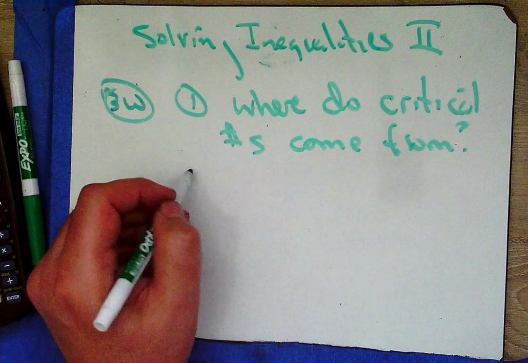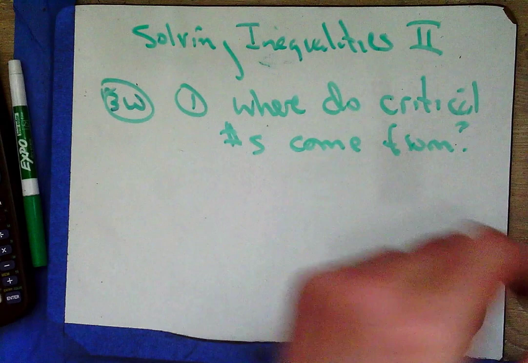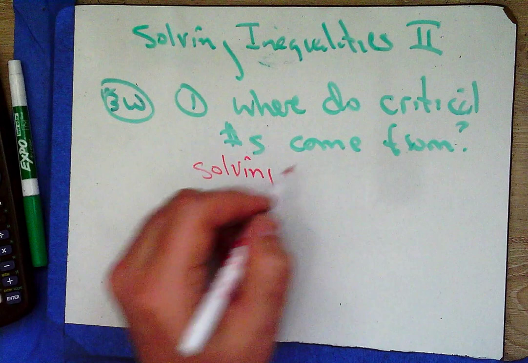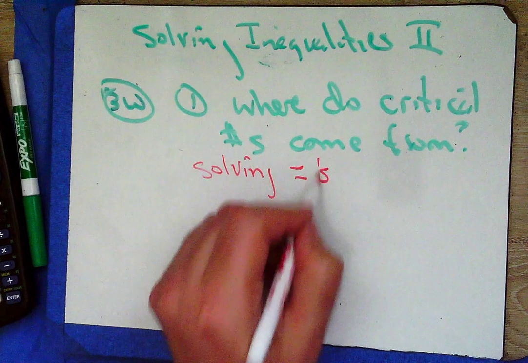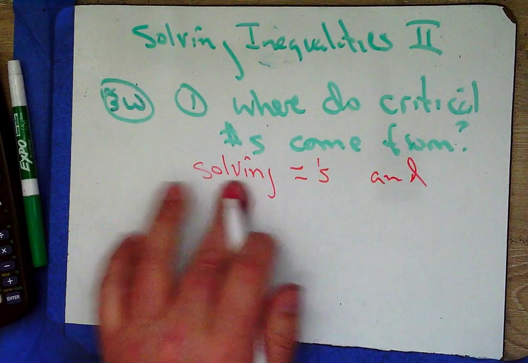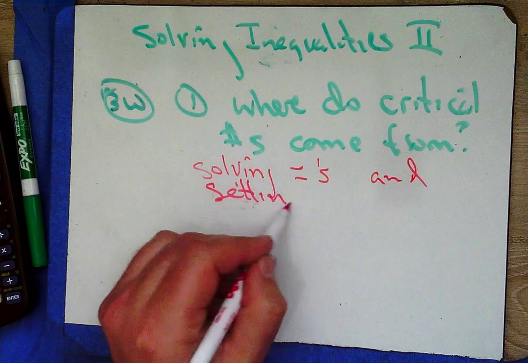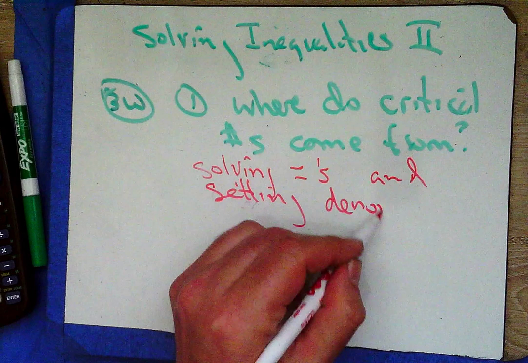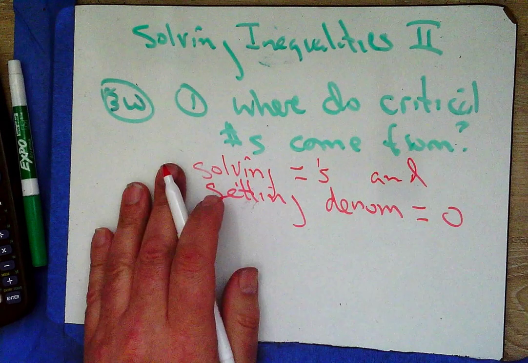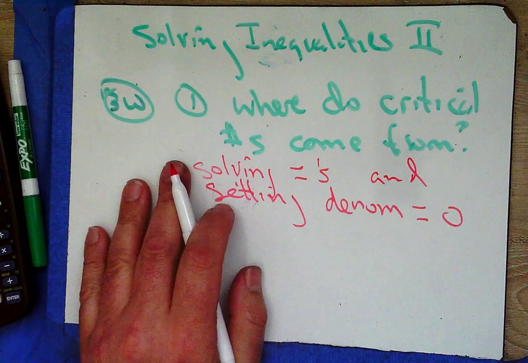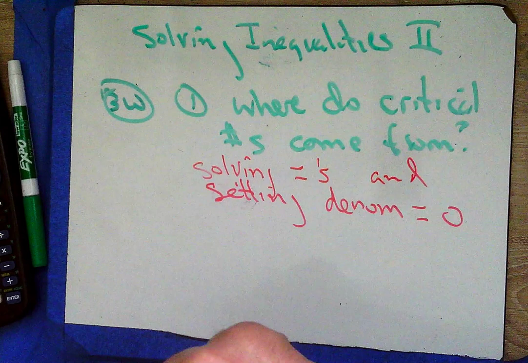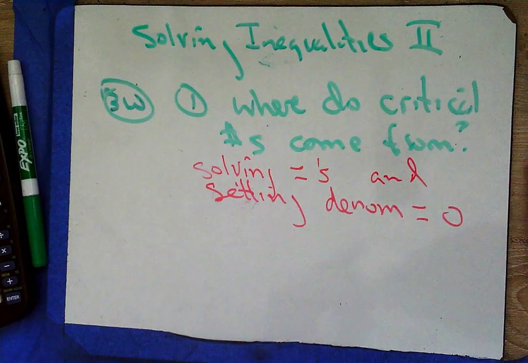Critical numbers come from solving equations and setting denominators equal to 0. Remember, you've got to find the critical numbers. If you don't put all the critical numbers on the number line, your answer is probably going to be wrong. All right.